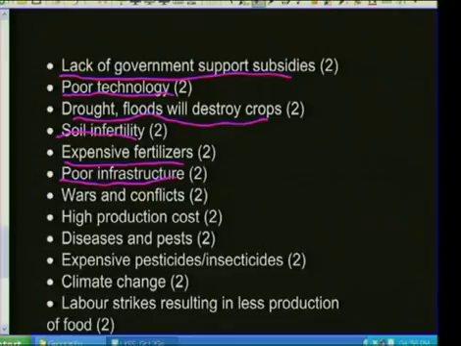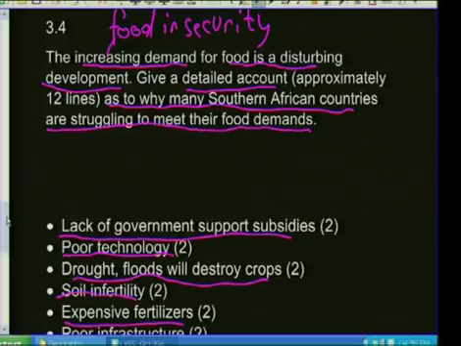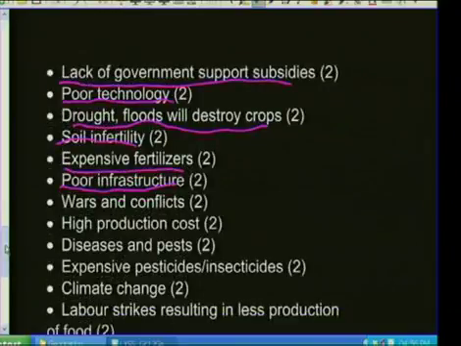You've got the memos with you. But poor infrastructure, if you look at this, this is a marker's memo, all right? You are not explaining the points, okay? Give a detailed account. The word poor infrastructure doesn't say much.